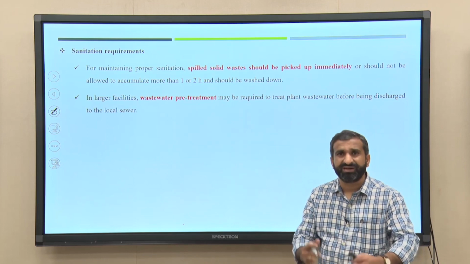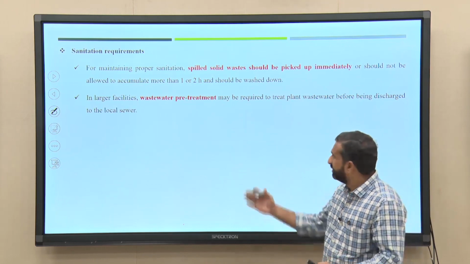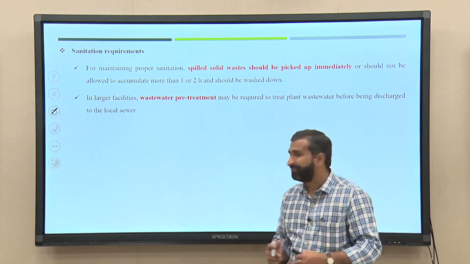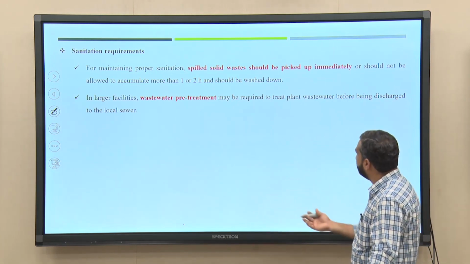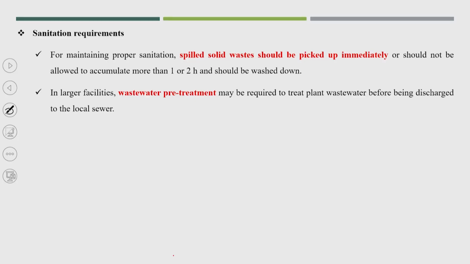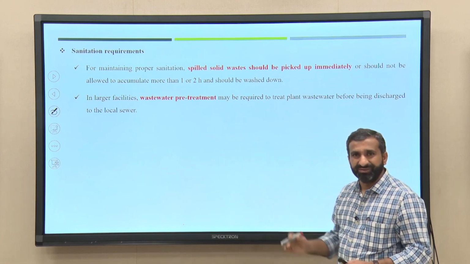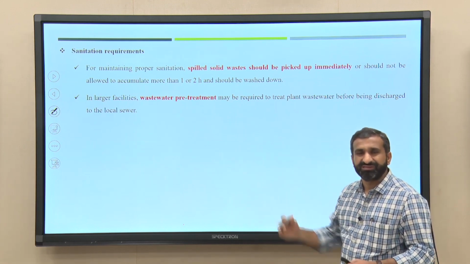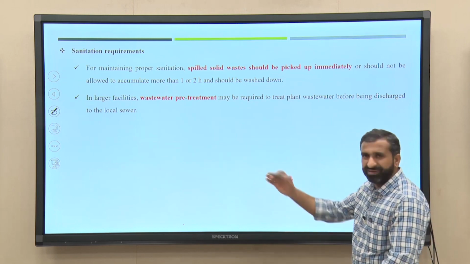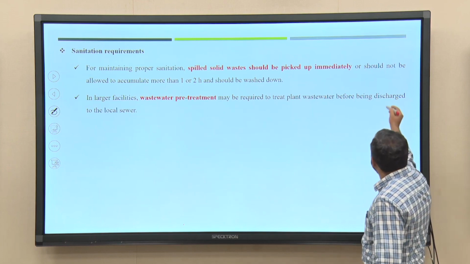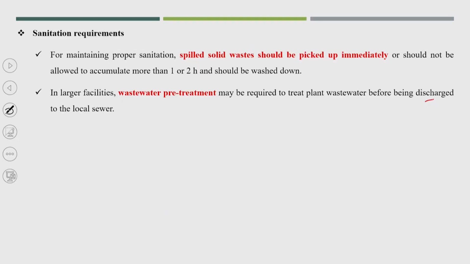Because of that cleaning, wastewater, the cleaning water, will also be produced. So, a small wastewater treatment plant may have to be designed, or whatever wastewater is generated can be put into the sewage, mixed with the sewage, and treated at the sewage treatment facility. So, that is what is being discharged into the local sewer.